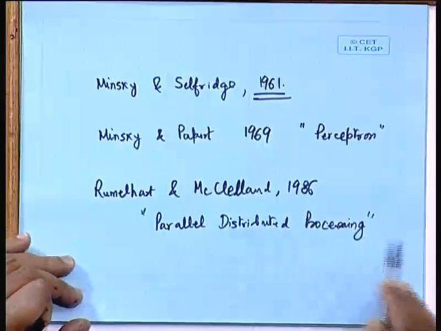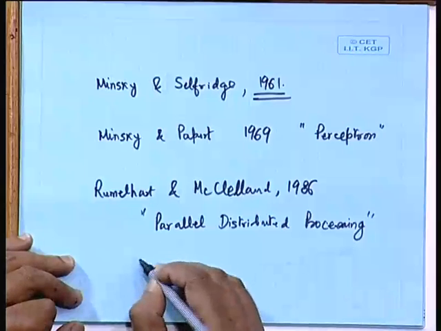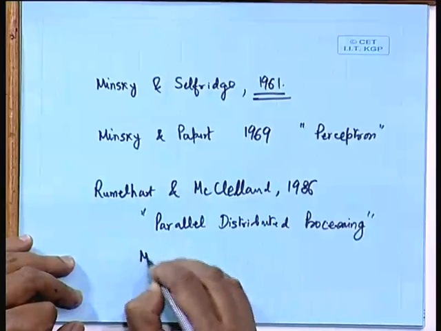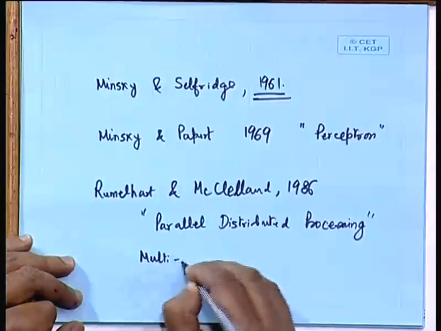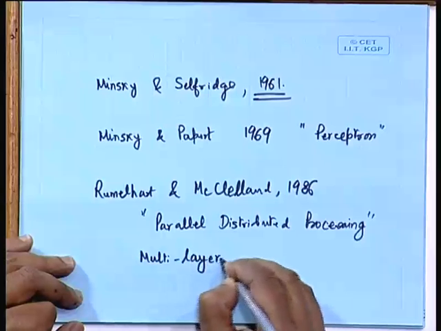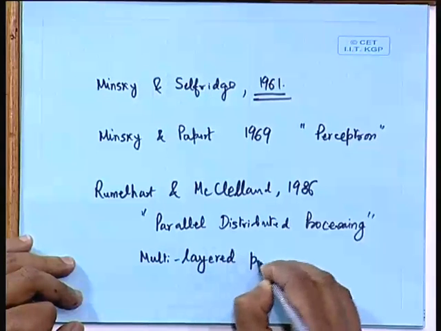The Parallel Distributed Processing book was the first book after which the concept of multi-layered perceptrons was popularized.